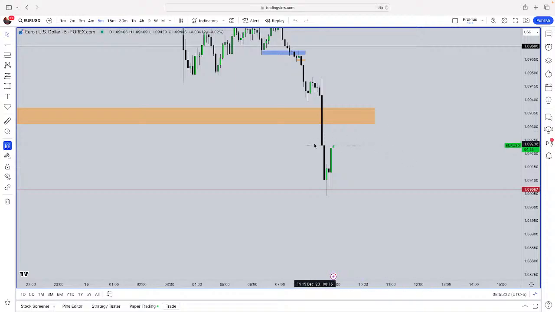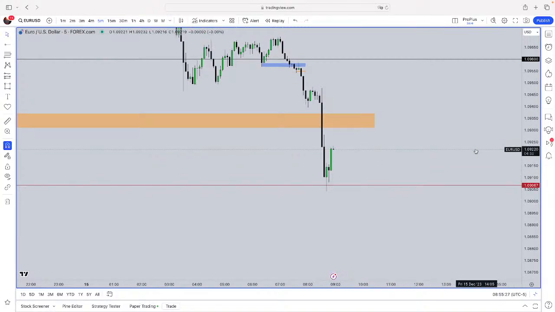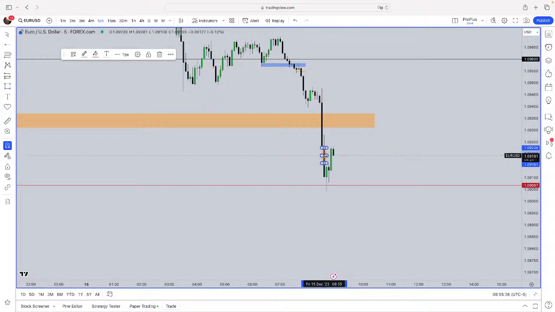So let's see how it plays again for this SIBI here. We'll just draw the SIBI on, see if it acts as support or resistance.